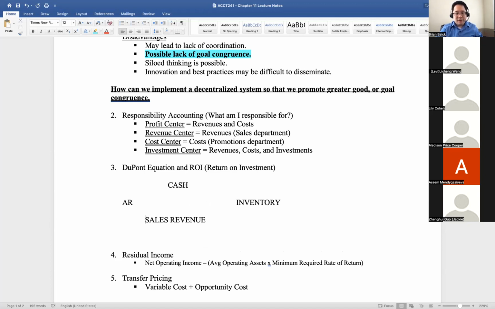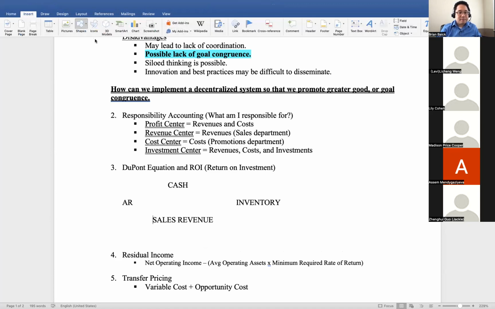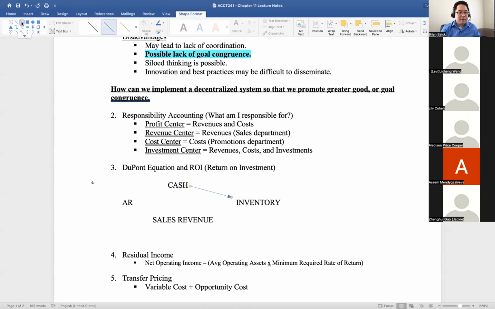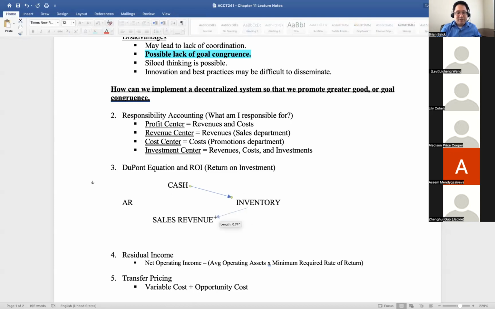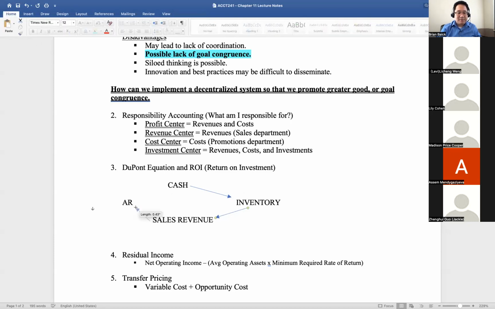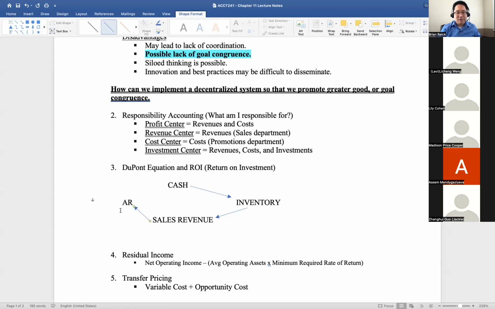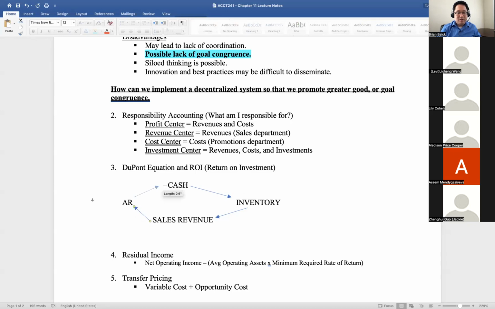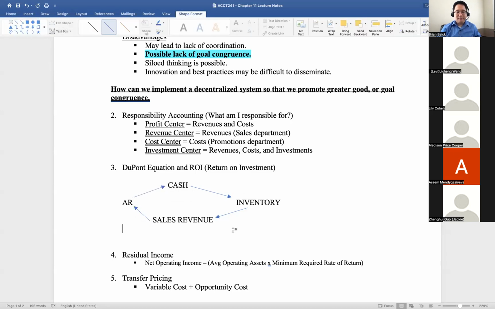So let me draw some arrows here. Every company has cash. They use their cash to buy inventory. They sell their inventory and they have revenue. Once you have revenue, if somebody hasn't paid you yet, you have an account receivable. And then finally, when they pay you, you have cash again, right?